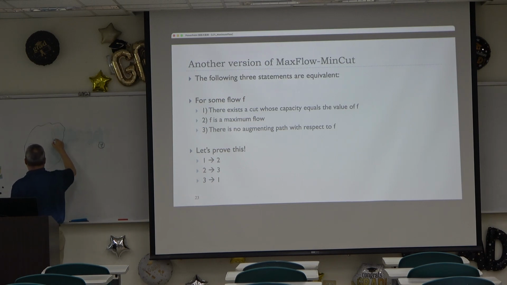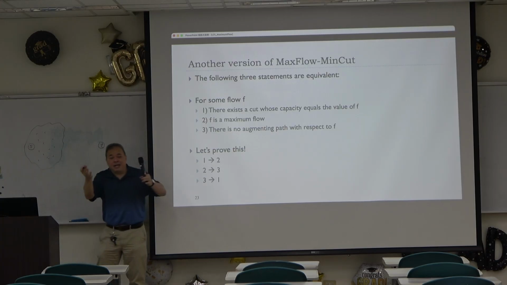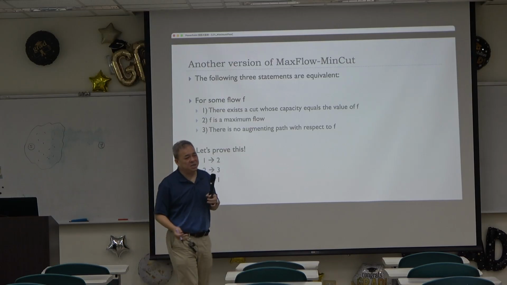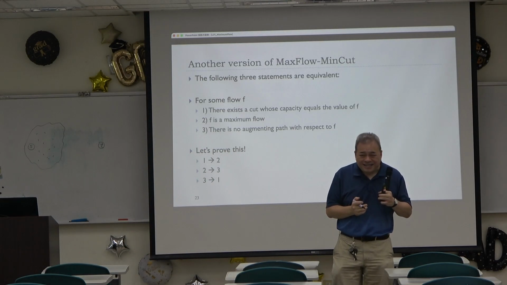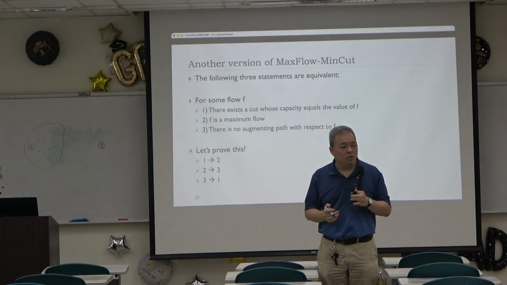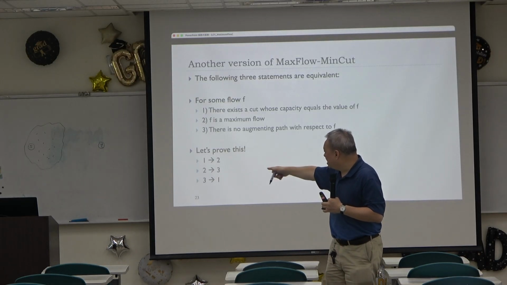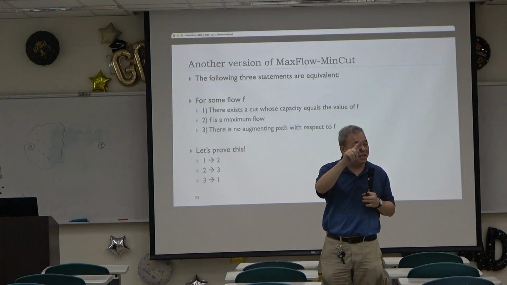So we have some nodes here. Of course, the worst case scenario is you just don't have any edge that you can take advantage of. If that's the case, this left side contains only one node, node S.